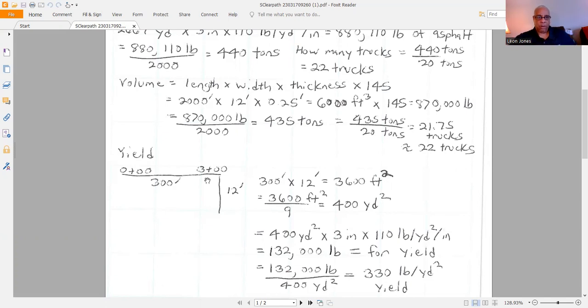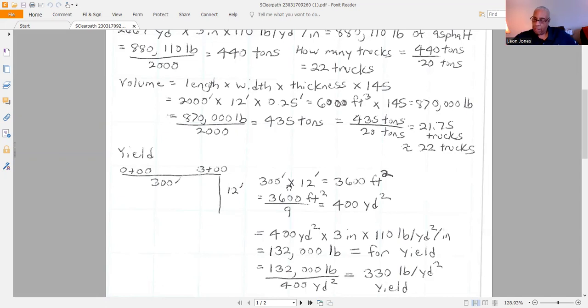So what I've done here, I've drawn another map. This one's a little shorter. I utilized 300 feet, starting at station 0+00 to 3+00, gave me my 300 feet. That's my length. It's a 12-foot lane. That's my width. So I came up with the area.